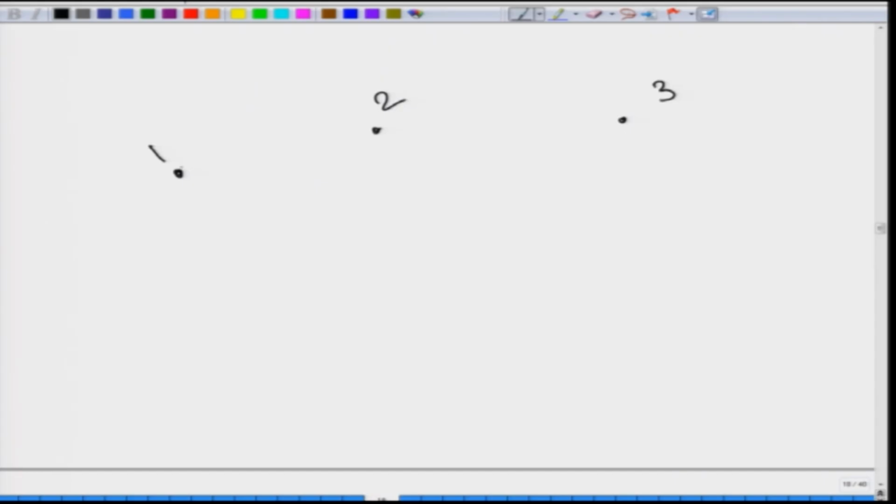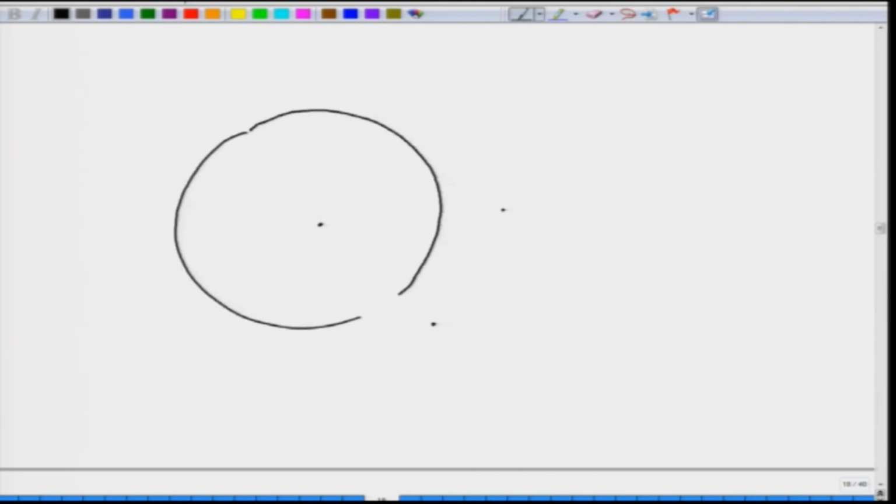Now, if you know the distance from the first satellite, you can construct a sphere, and your location is somewhere on this sphere.